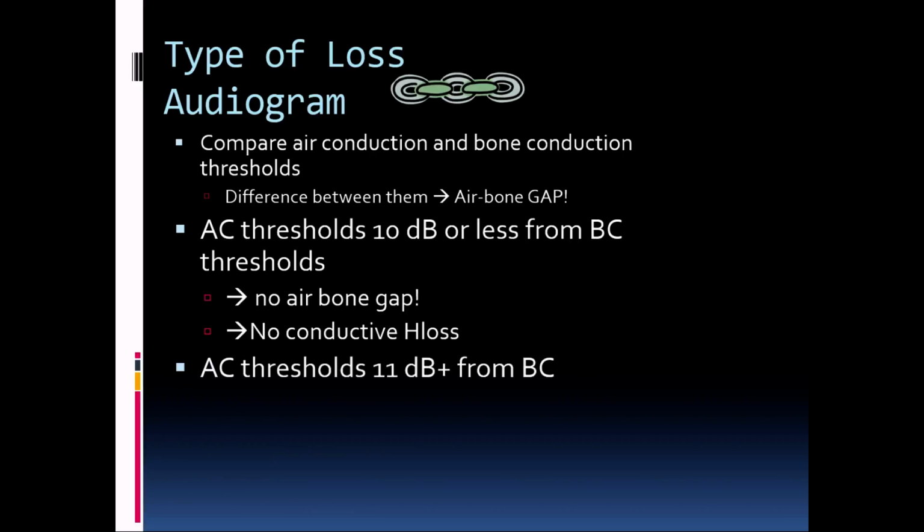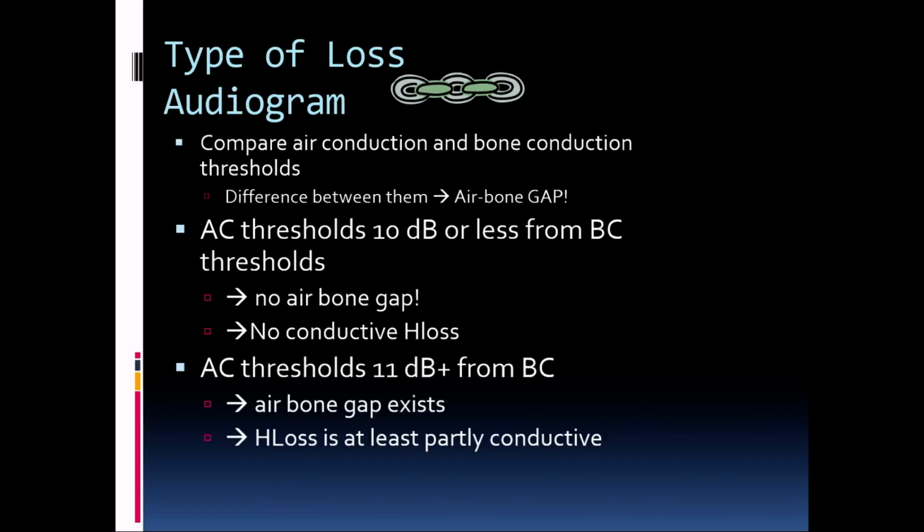If air conduction thresholds are 11 dB or more from the bone conduction thresholds, and bear in mind, this means bone conduction is better by 11 dB or more, then you have an air-bone gap and you have conductive hearing loss.